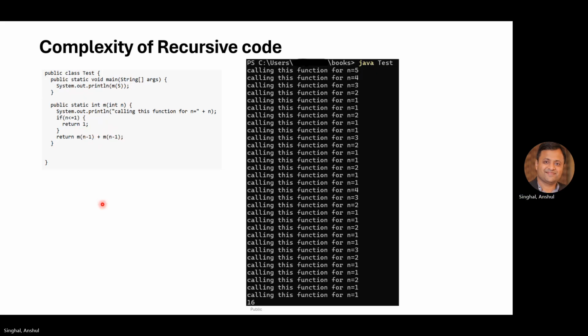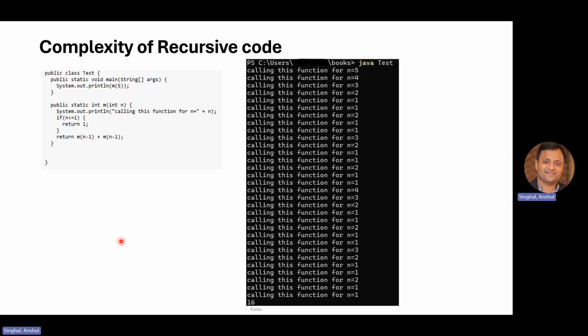As soon as it sees the value 1, it returns from there. So it goes deeper and deeper, then comes out, and finally returns a value which we print in the main method.